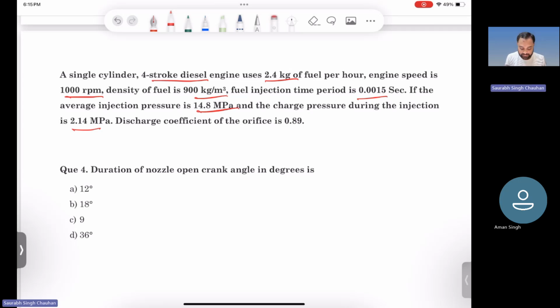During the compression, the pressure has been increased from atmospheric pressure to this pressure. So this is the in-cylinder pressure. At this pressure, the fuel is injected. And discharge coefficient is given. We have to find for how much time the nozzle hole will be open.